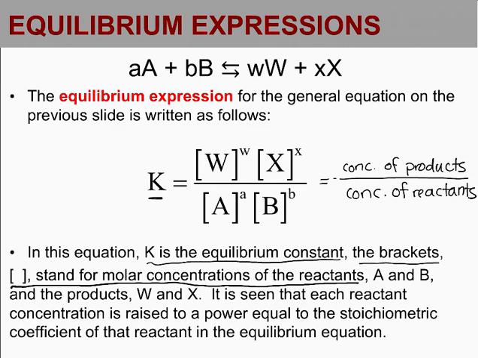Now, in the numerator we have the concentration of products, represented by brackets around our first product, W, and brackets around our second product, X. And in the denominator, we have the concentration of reactants, brackets around A and brackets around B.